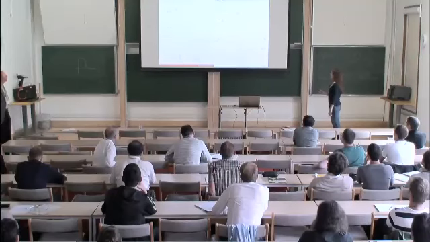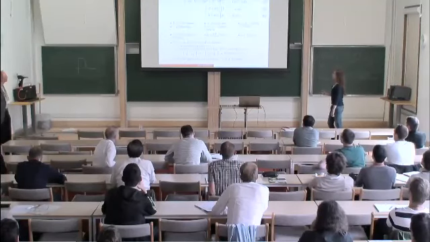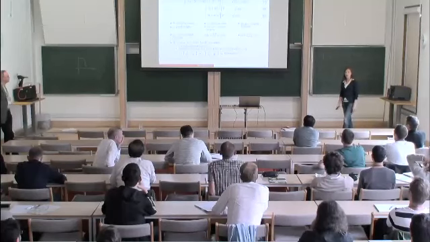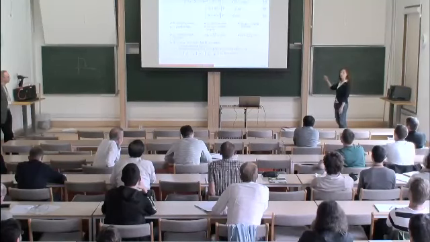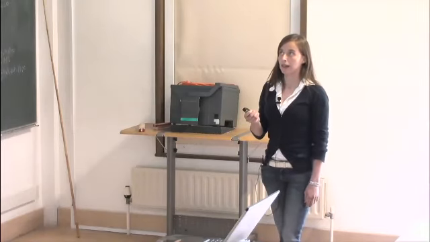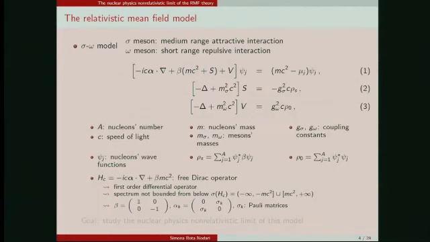Well, the sigma-omega model is the easiest relativistic mean field model, and the two mesons are necessary because the sigma meson describes an attractive interaction, and the omega meson describes a repulsive interaction. Then we need the two to have a good model, and this one is the simplest that we can take in the relativistic mean field theory.